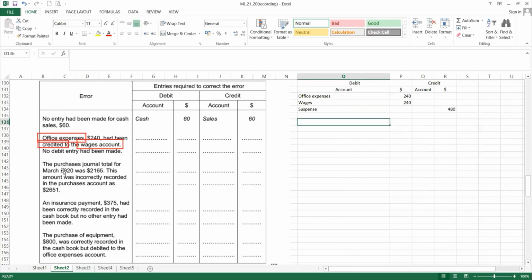Okay, next is that the purchases journal total for March was 2165. This amount was incorrectly recorded in the purchases account as 2,600. So first of all, need to see whether over or under. That means the purchases account is overstated. Purchases account should be on the debit side.